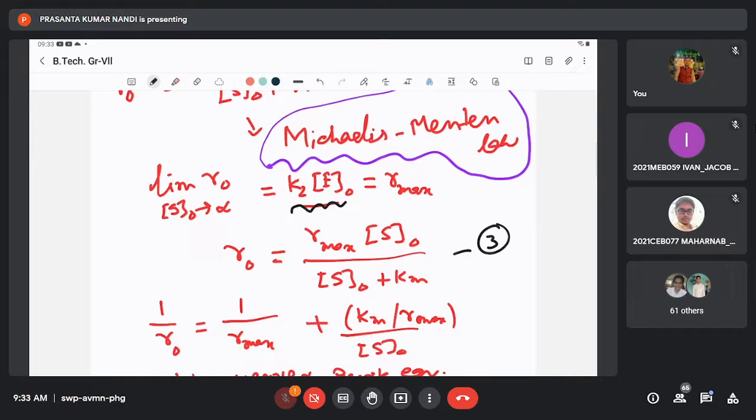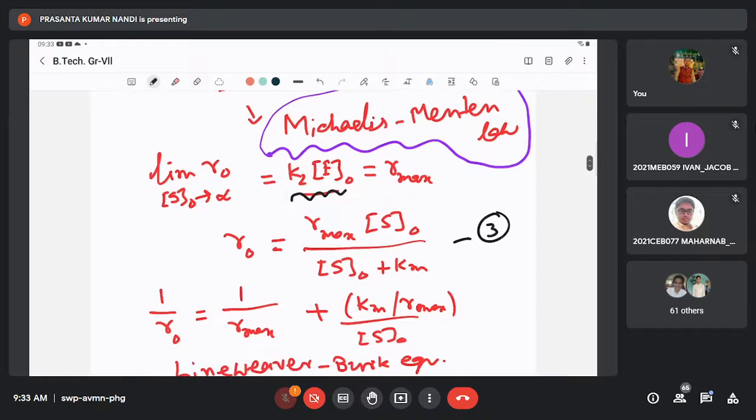That is, the reciprocal of both sides. If we take it like this, then we can write 1 by R0 equals 1 by R max plus Km by R max by S. Can we write like this? If you have any doubt, please raise your question. Can we write like this or not?